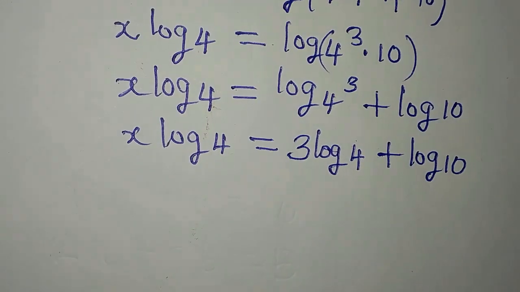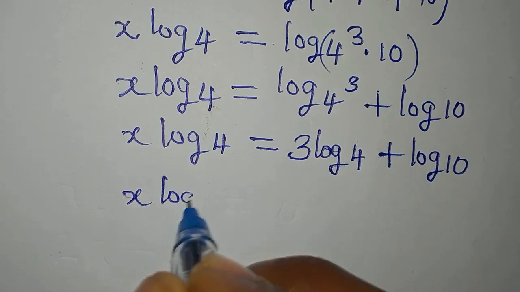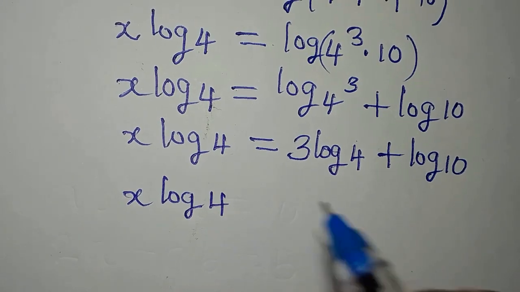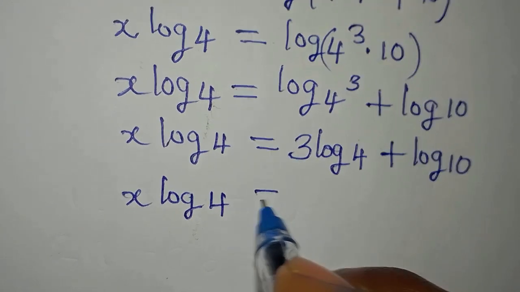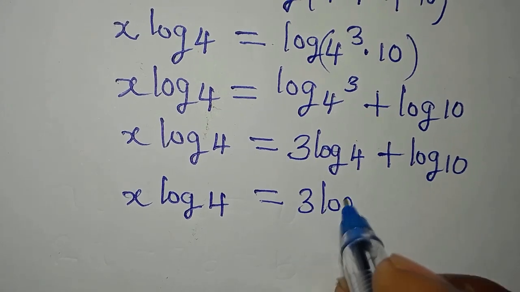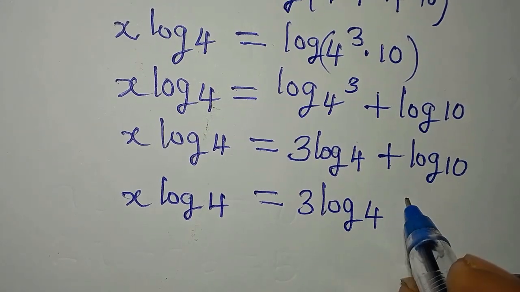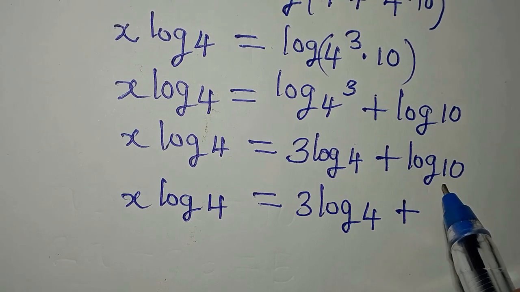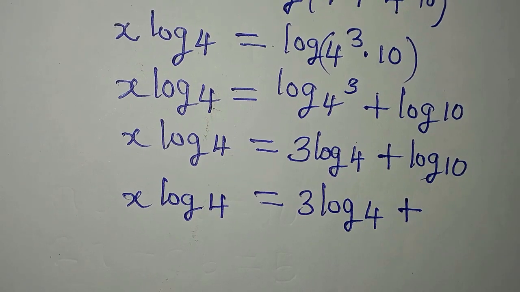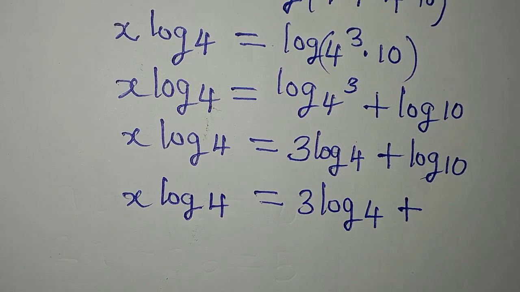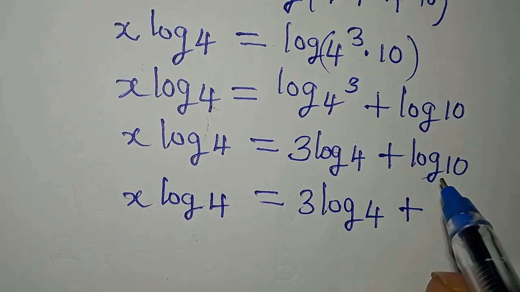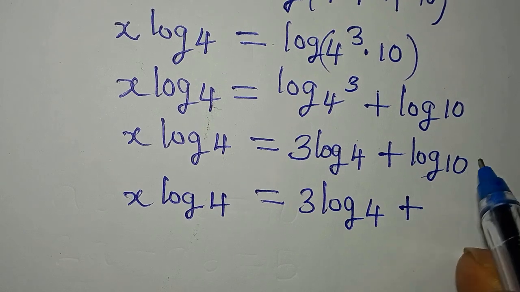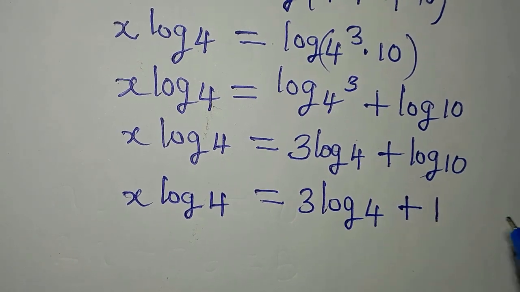If I continue, then I have x log 4 being equal to 3 log 4 plus log 10, and log 10 is the same thing as 1, because this is log to base 10, so we have log 10 to base 10, which will give us 1.